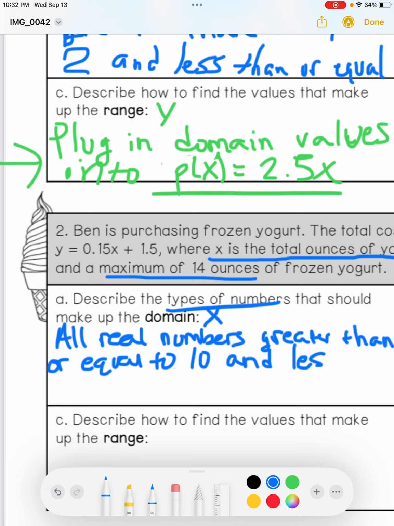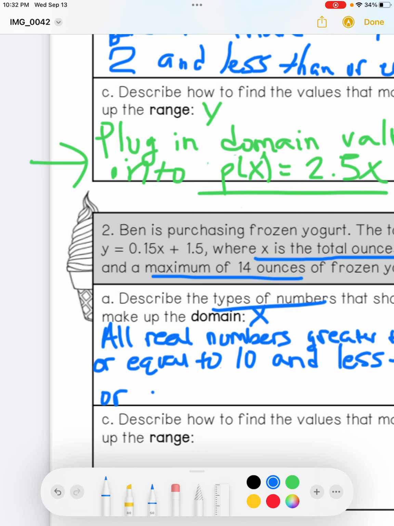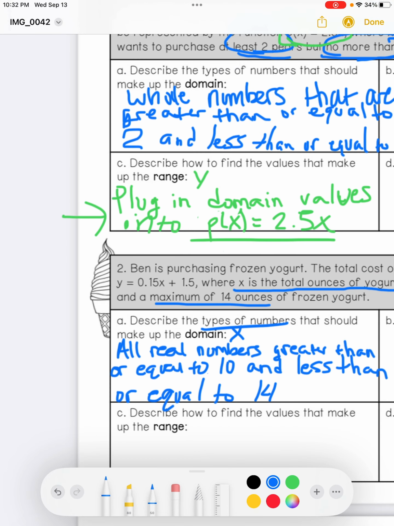And less than or equal to 14, right? I basically want to be any number between 10 and 14 for the number of ounces for my yogurt, okay? And again, I don't only use whole numbers, right?